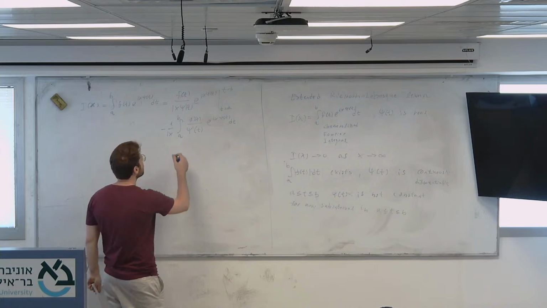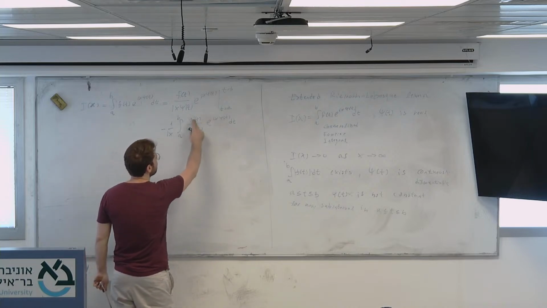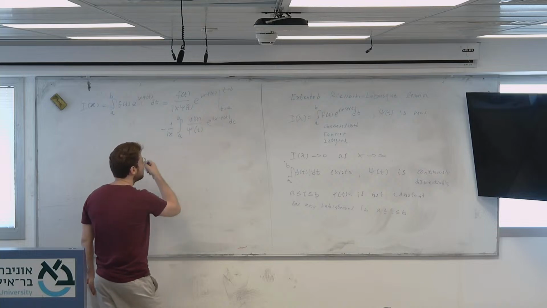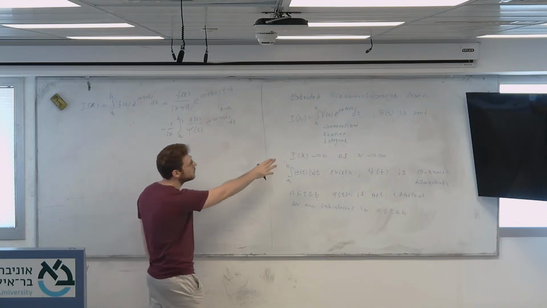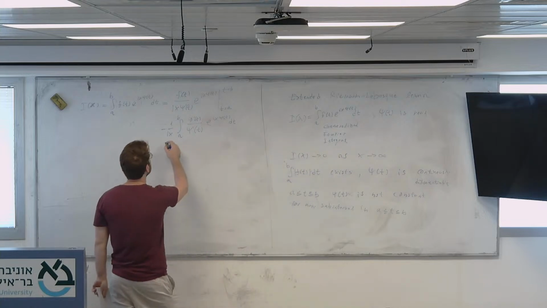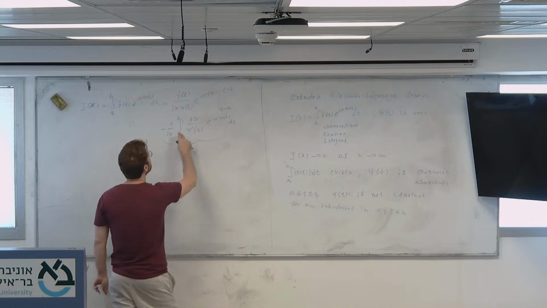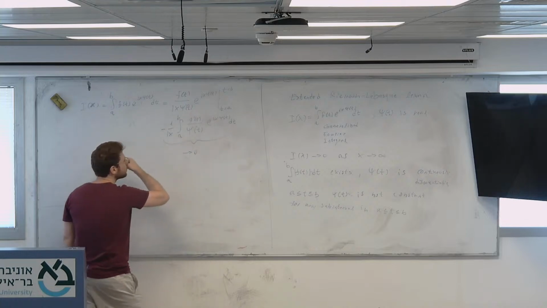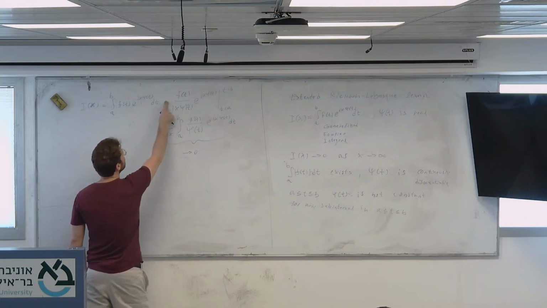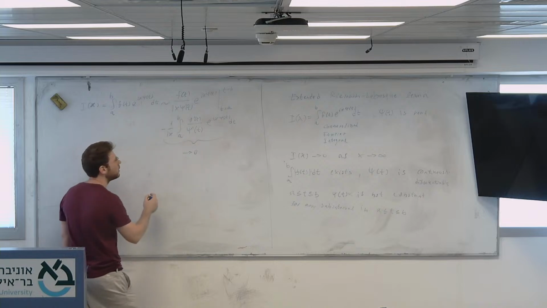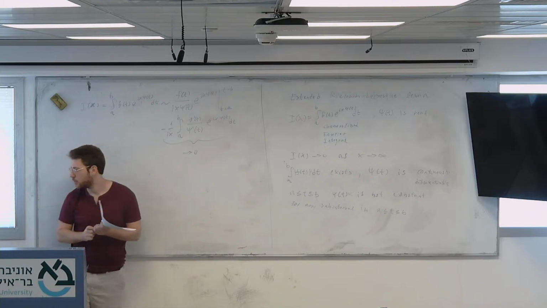So as long as this exists, f prime over psi prime, you can now use the Riemann-Lebesgue lemma, and this goes to 0, right? The behavior is asymptotic to the first term, okay? You can neglect the second term entirely.